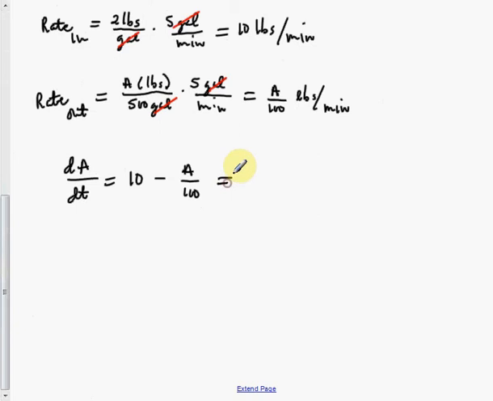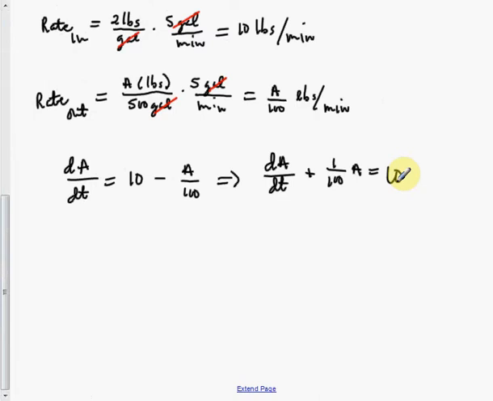This implies, if I write that with some familiarity to what we've talked about before, dA over dt plus 1 over 100 times A is equal to 10.